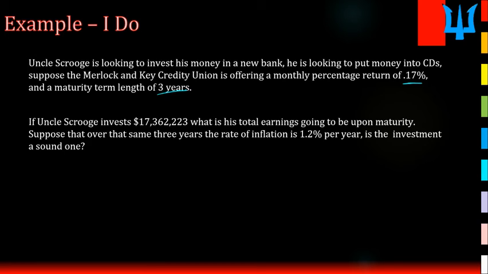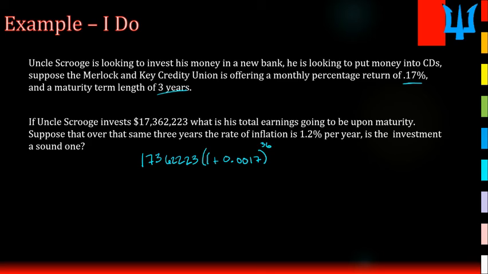So with this example, we have a monthly interest rate of 0.17%. So I'm going to start with my principal balance, $17,362,223 times, because this is a savings account, it's going to grow money, 1 plus 0.0017. And then in 3 years, we're going to have a total of 36 months.